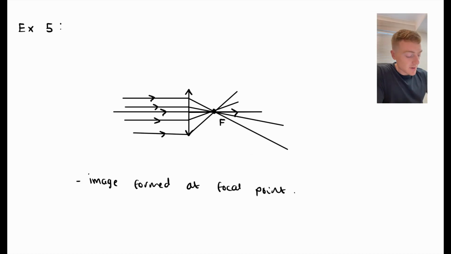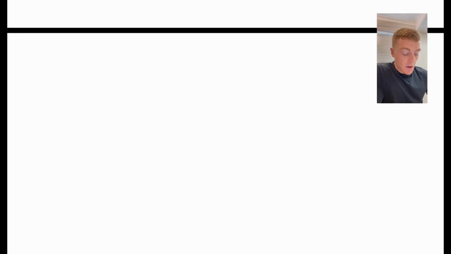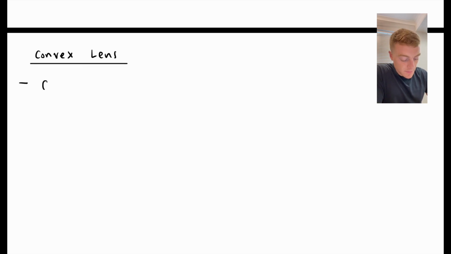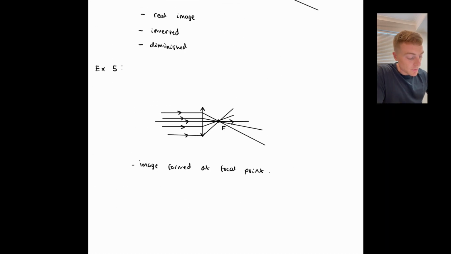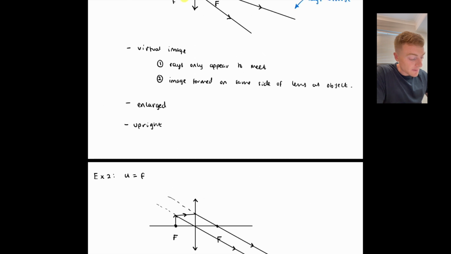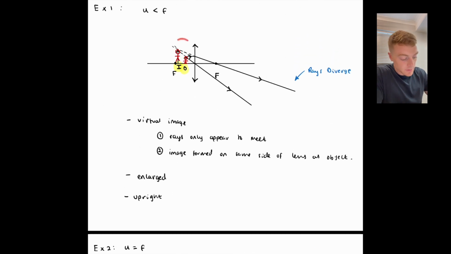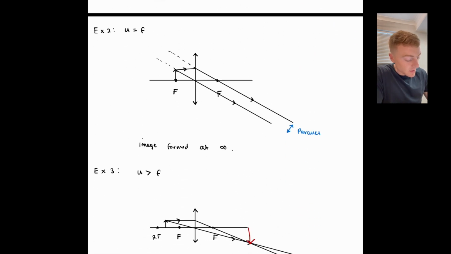Okay, so to summarize, we can say that all convex lenses, so convex lens, they can form real or virtual images. So remember my first example, we had in fact a virtual image formed where the image was enlarged.